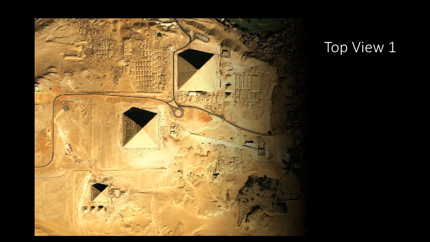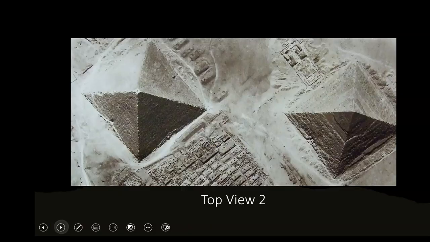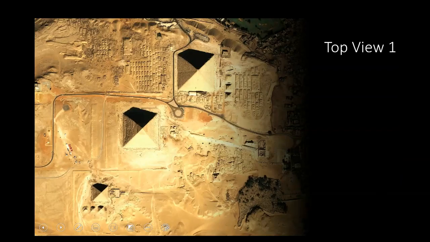Now we've got another one, so I want to show this one. It's a little bit closer view. You can only see the two large pyramids there, but the thing I wanted you to be able to pick up from this is that the shape of the pyramid, it's a simple shape, but it's harder to make than you might imagine.